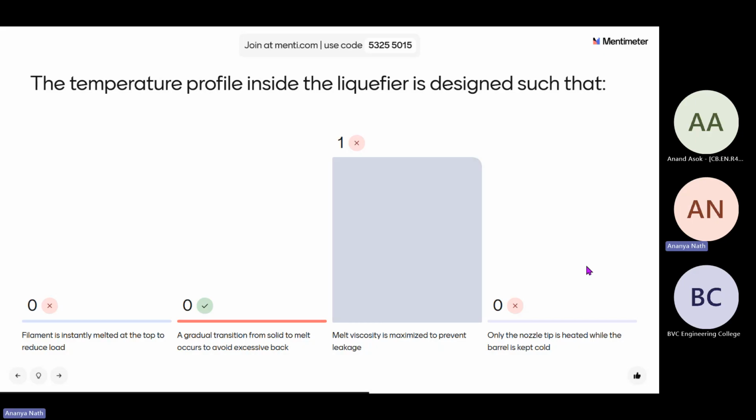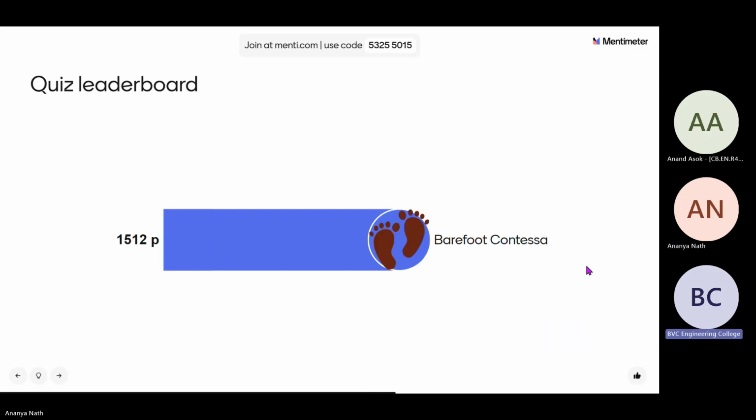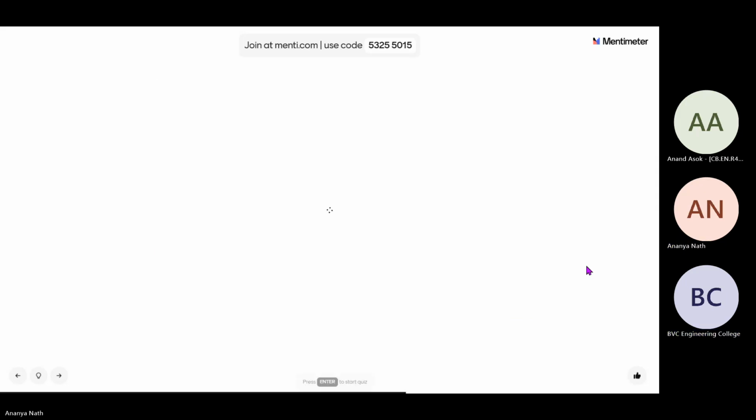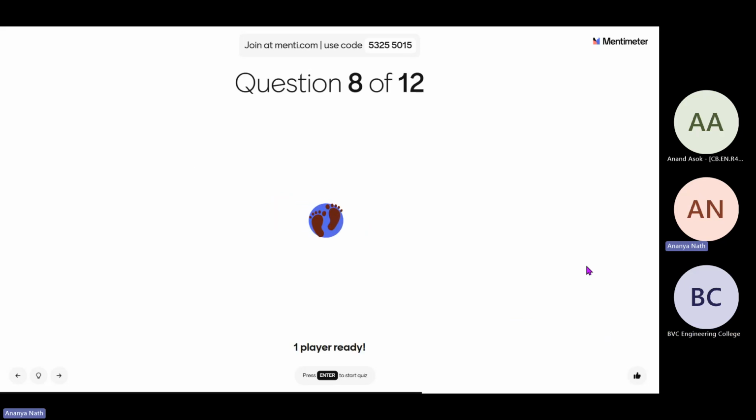So the gradual transition lets you have more flexibility and more control over the melting and deposition of this semi-liquid plastic wire. It is like a semi-solid, no? Like toothpaste. Yes, toothpaste, how the paste will come out. We call it melted wire, but it's actually not melted. It's the toothpaste texture.